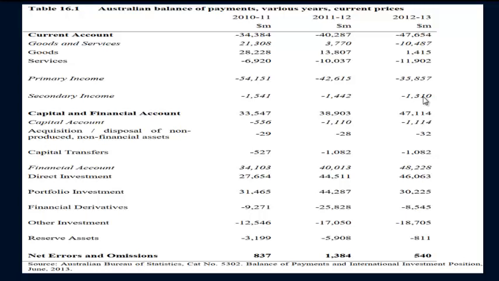So this gives the current account, goods and services.